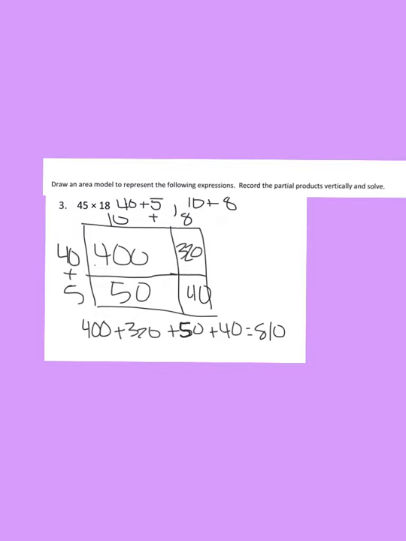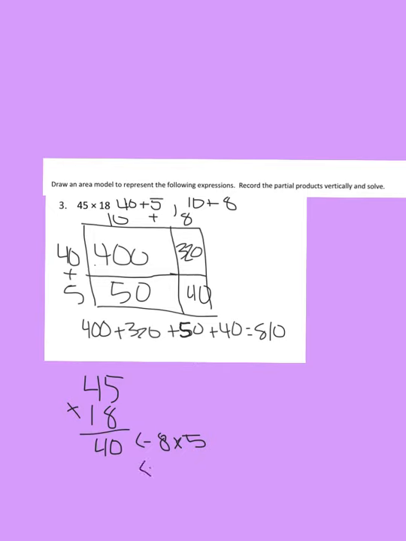Now we're going to solve with our partial products vertically. So we're going to have 45 times 18. So we're going to use our 8 first, and we're going to have 8 times 5 to equal 40.